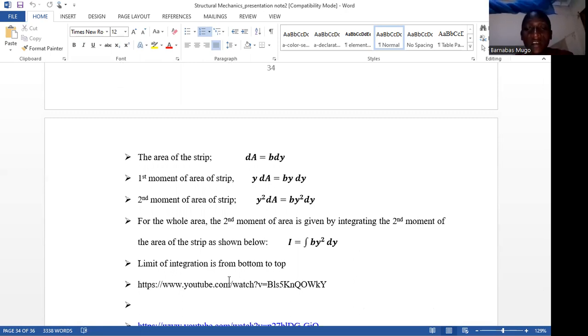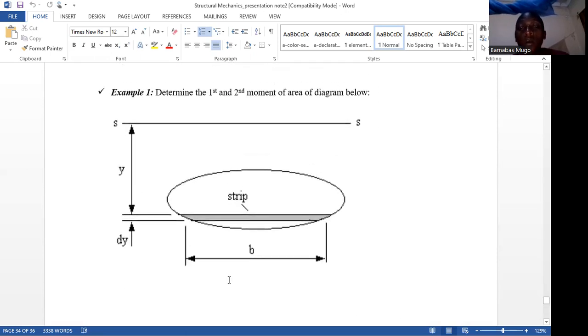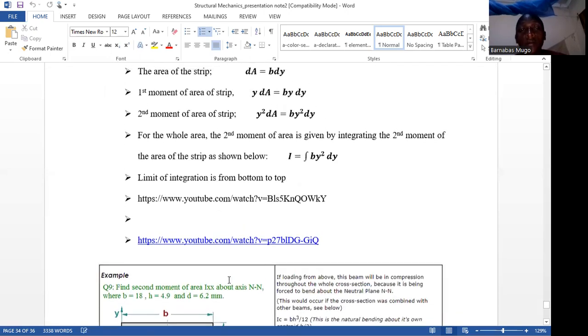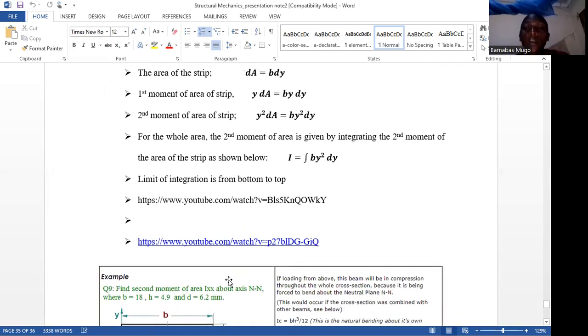We need to integrate so that we can obtain for the whole section, because whatever you have obtained is the area or the second moment of area for the strip. So we need to integrate that so that we can obtain for the whole, and therefore we need to know how to do the limits of integration from bottom to top.